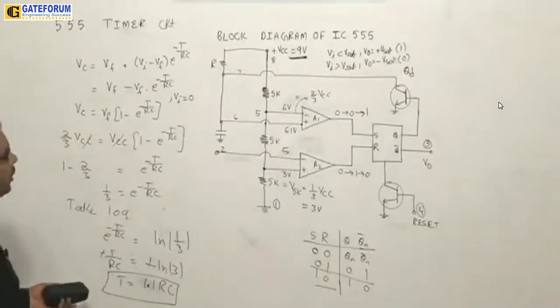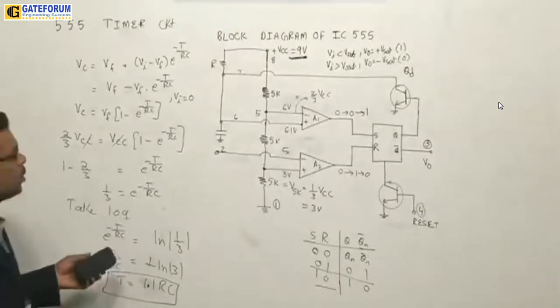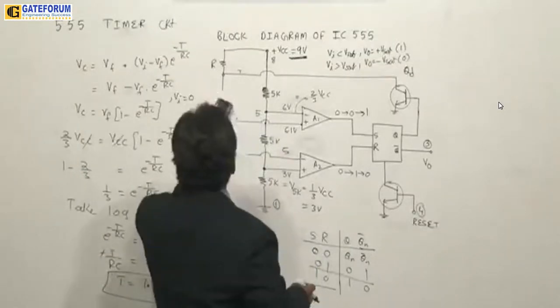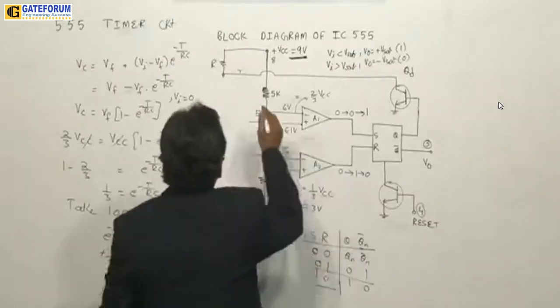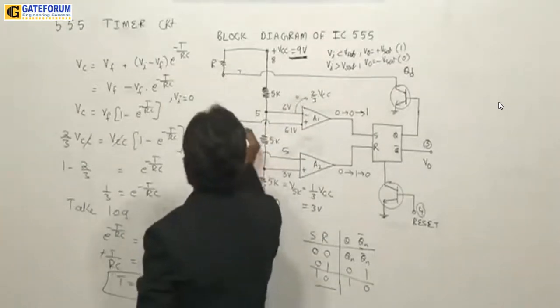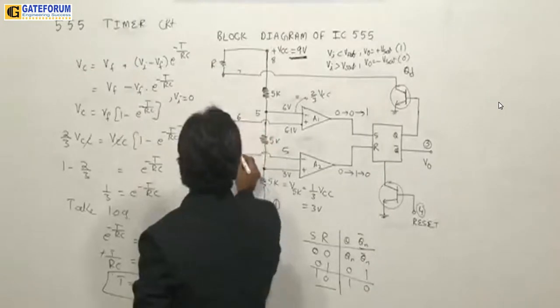So how is that square wave generated, let us see. For that there is a small change in the circuit's external terminals. Because there is no input, the circuit will be connected like this. In monostable, pin number 6 and pin number 7 are connected together.